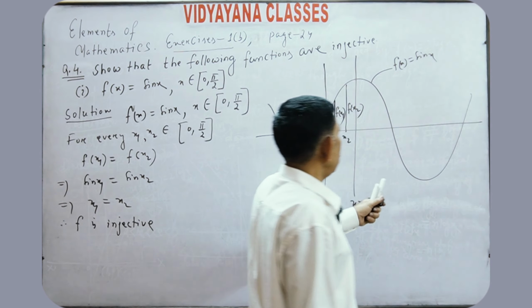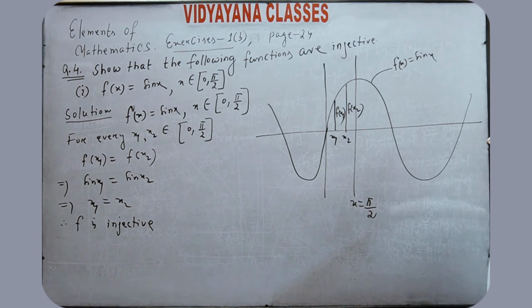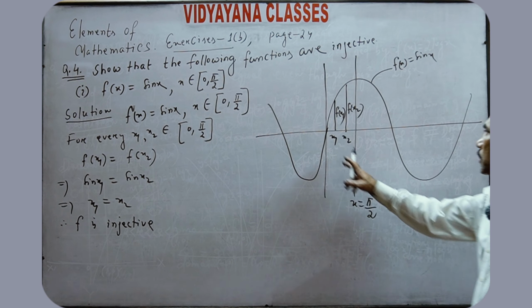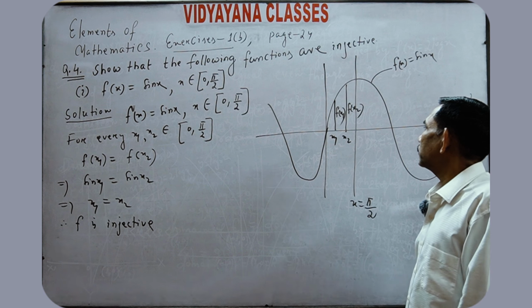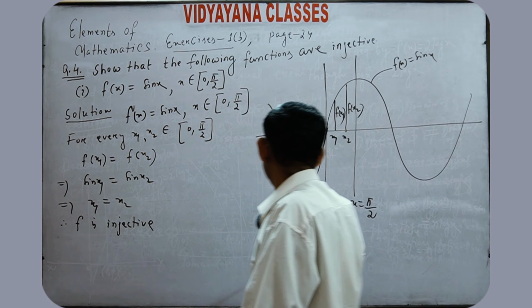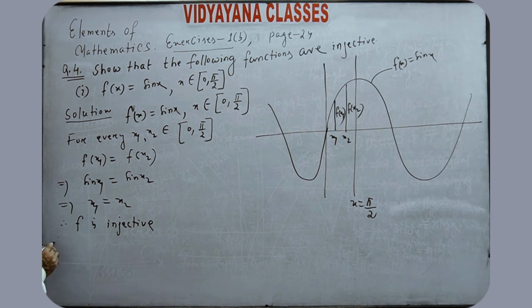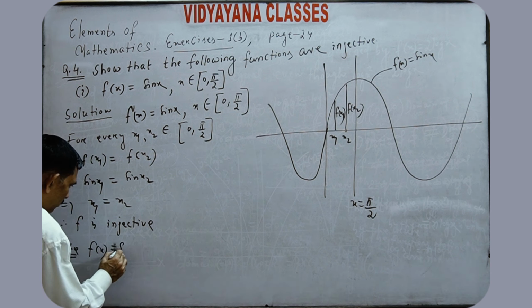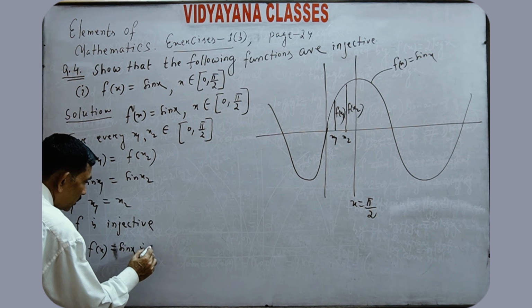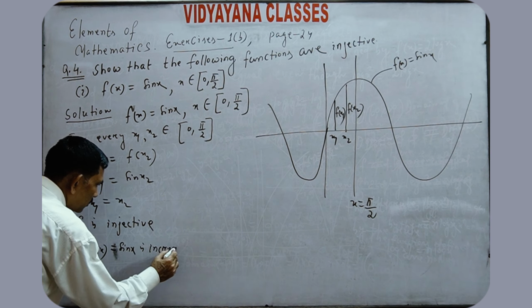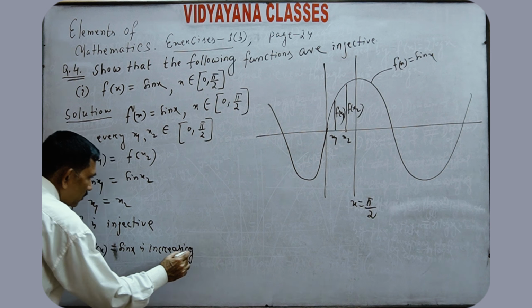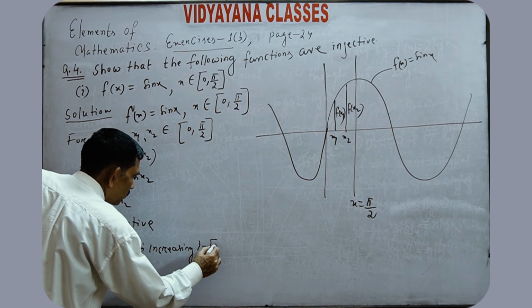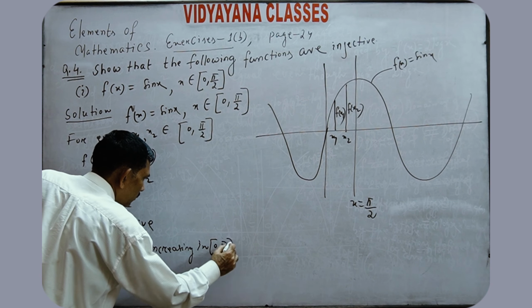It is the graph of f(x) equal to sin x. In this interval, the function is increasing. Note, f(x) is equal to sin x is increasing in closed bracket 0 to pi by 2.